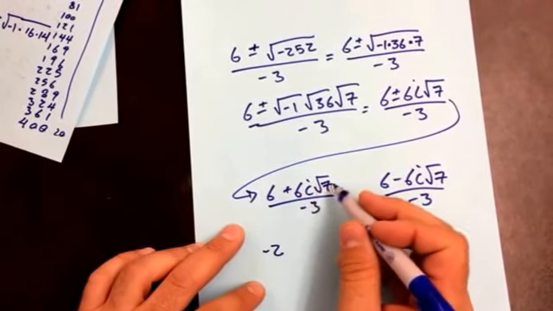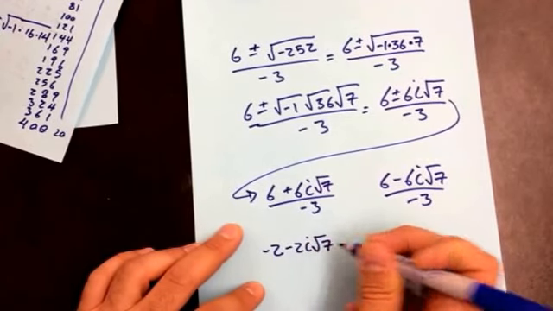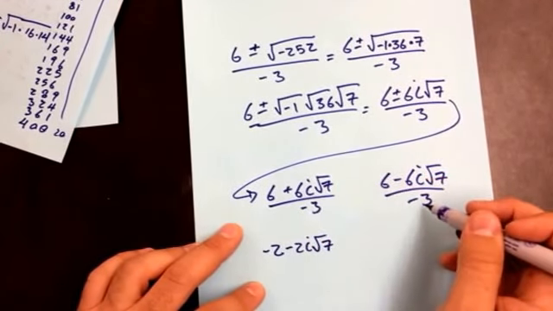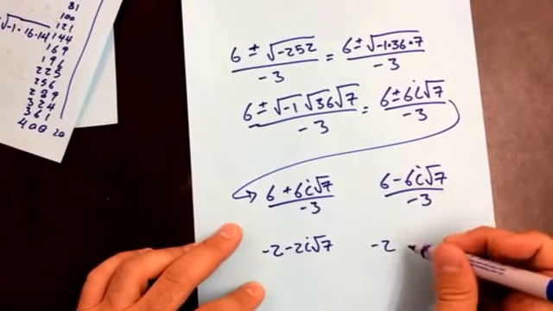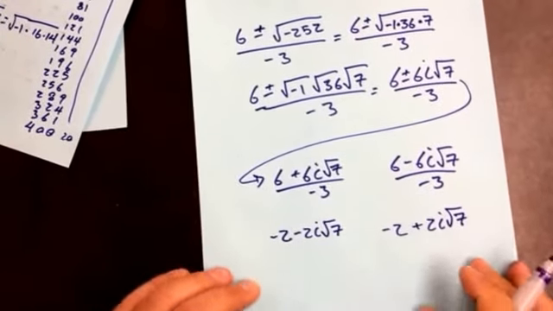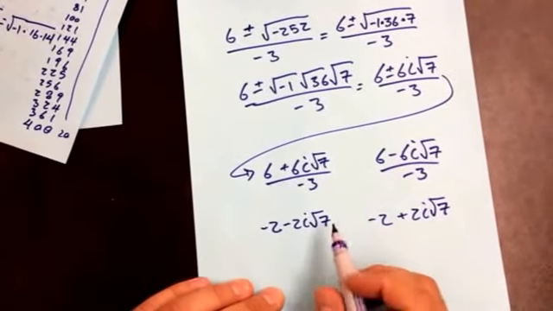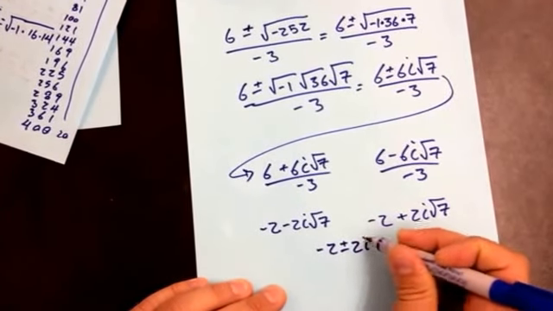Positive 6i square root of 7 divided by negative 3 is negative 2i square root of 7. 6 divided by negative 3 is negative 2. Negative 6i square root of 7 divided by negative 3 is plus 2i square root of 7. So if I wanted to rewrite this as a plus or minus, it's still negative 2 plus or minus 2i square root of 7.